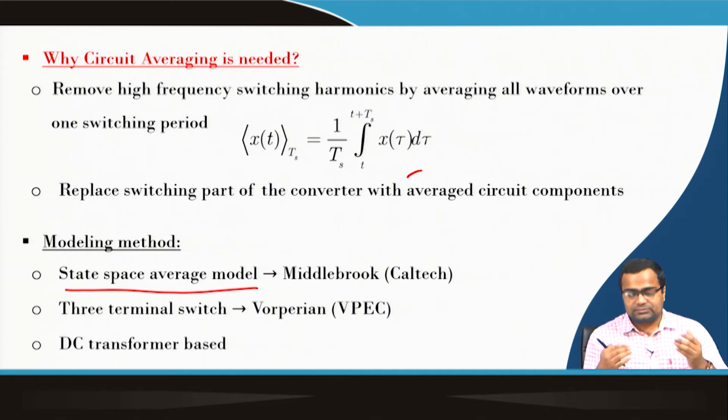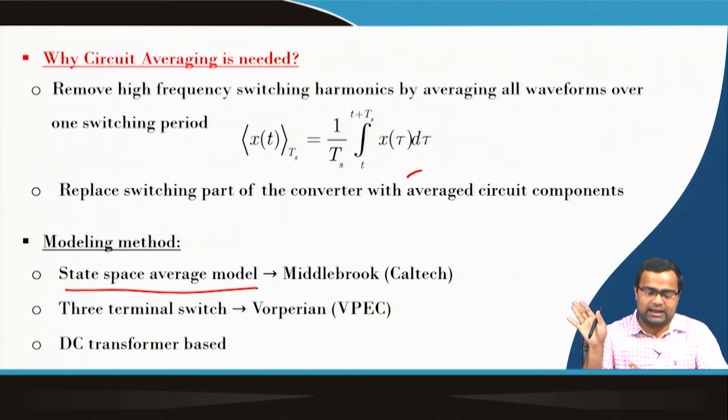But in the equivalent switch average switch model, under certain consideration, if we average out and obtain the average switch model of the switching part only, the rest of the circuit, like the RLC part and other parts, we are not going to touch.